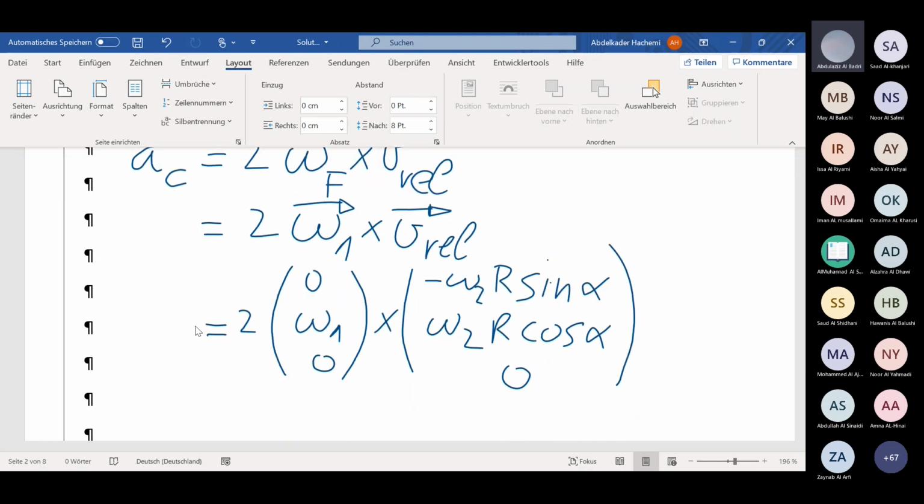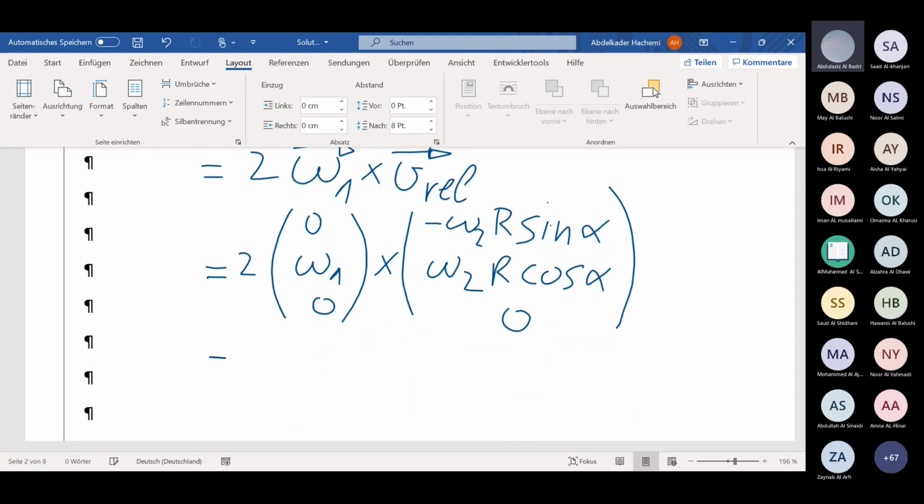Okay, now if we make the cross product, we get the following expression: 0, 0, 2 times omega 1 omega 2 r sine alpha.